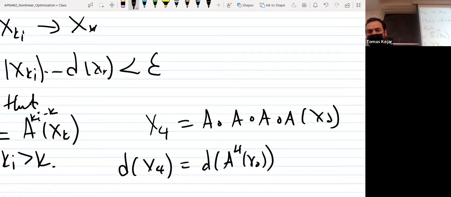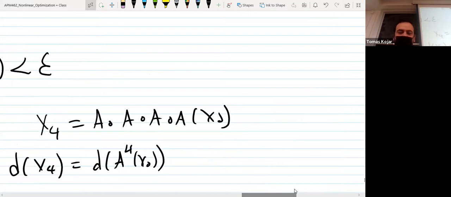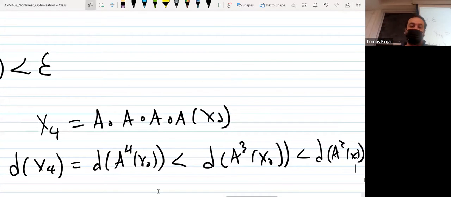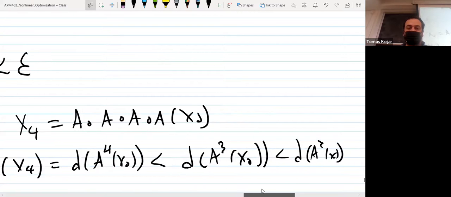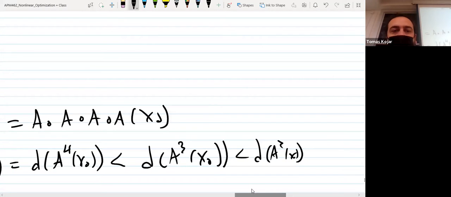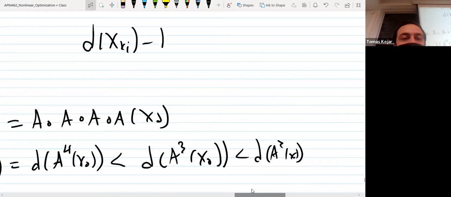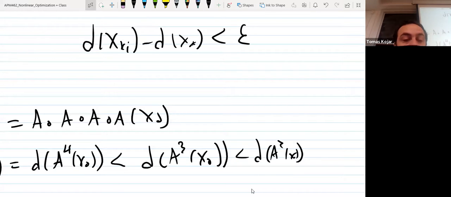Then you had this inequality, right? This was less than d of a^3 x_0, and less than d of a squared x_0 and so on. Anyway, the point is, since d of x_{k_i} minus x star is less than epsilon, we want to bound this.